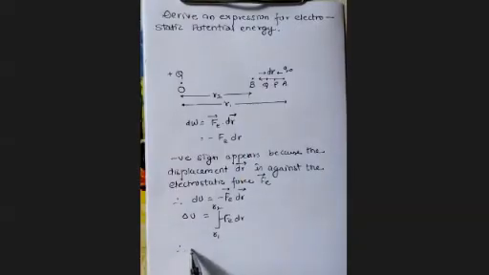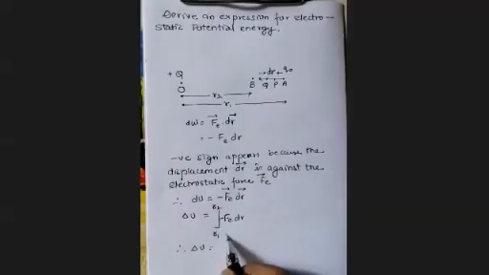Therefore, delta U will be equal to the integration from R1 to R2 of minus sign.